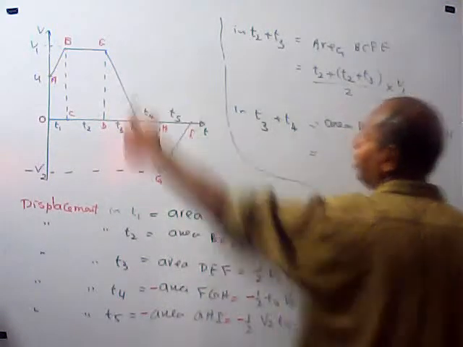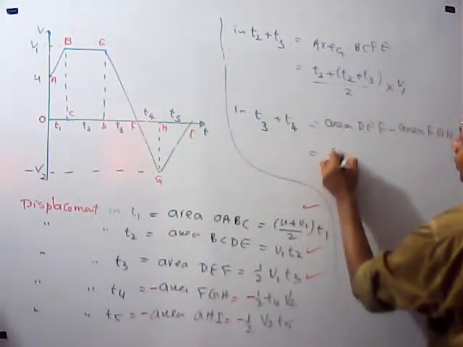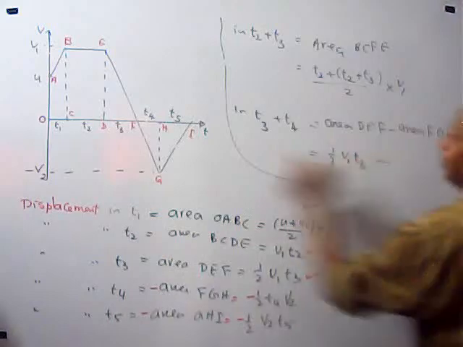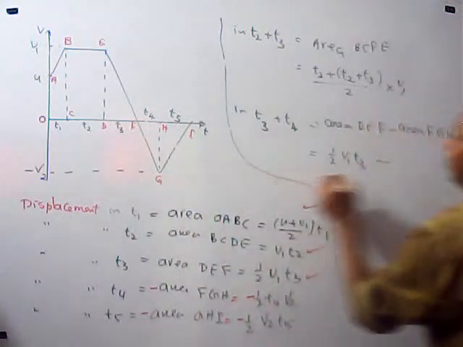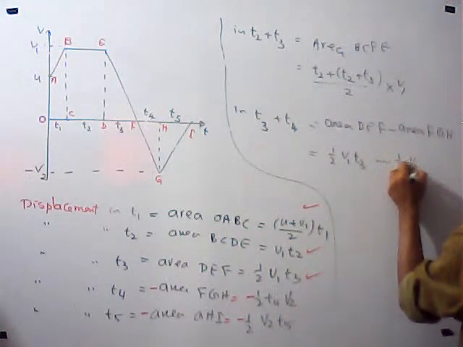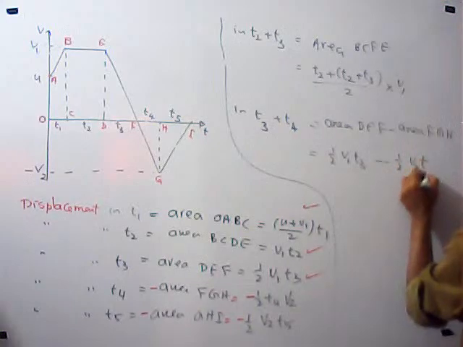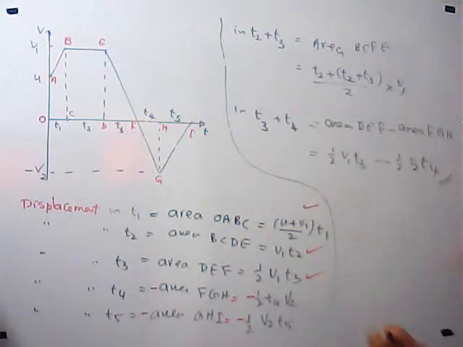DEF is half V1 T3, minus this one, half V2 T4. That is the answer.